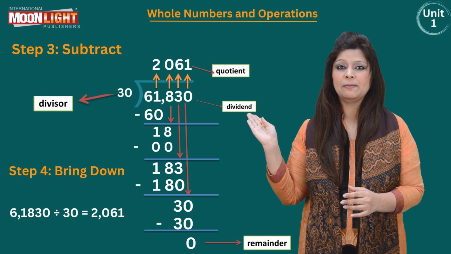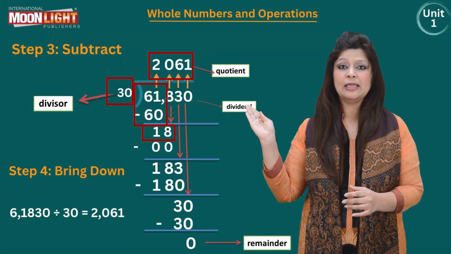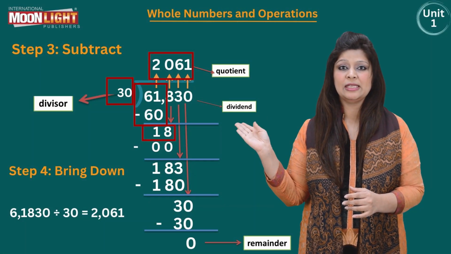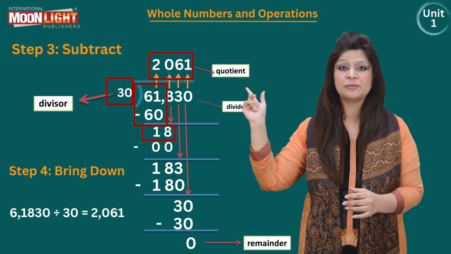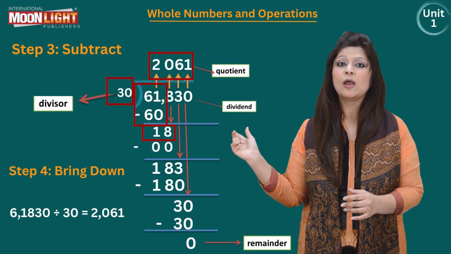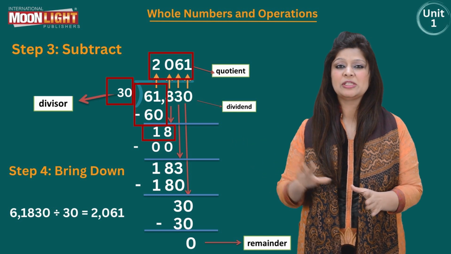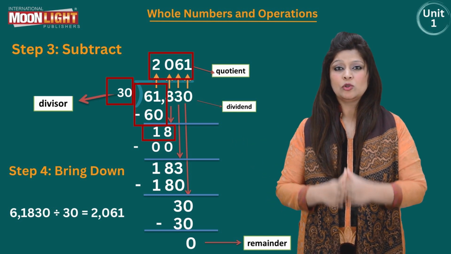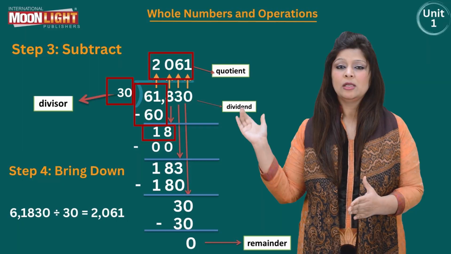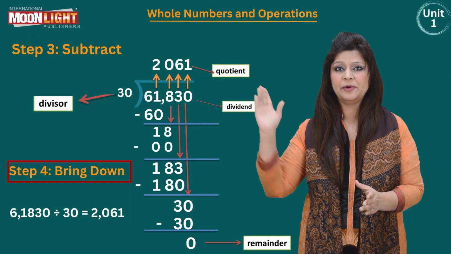61 minus 60 is 1. Now the fourth step is bring down.